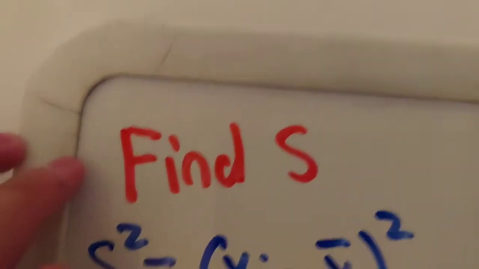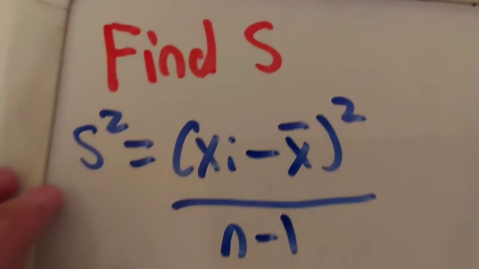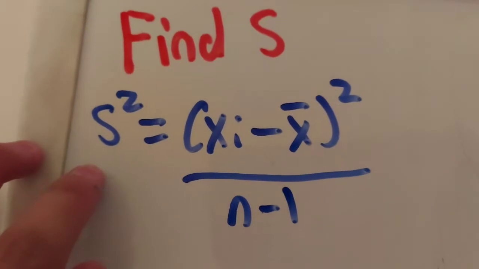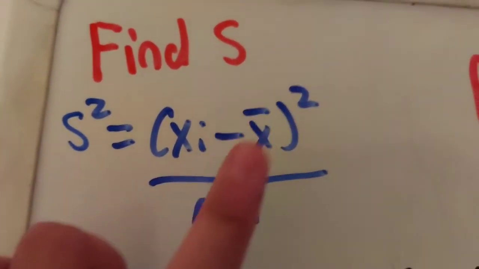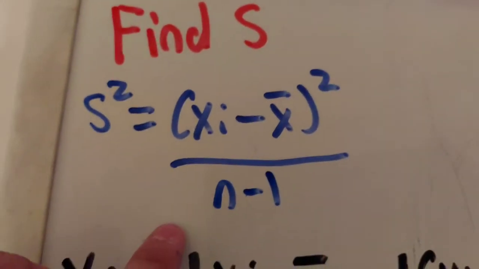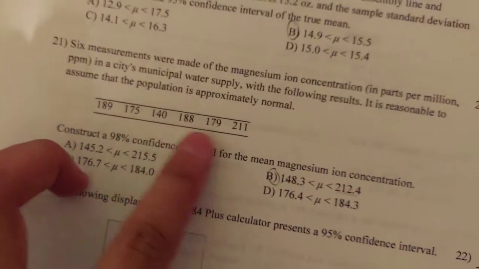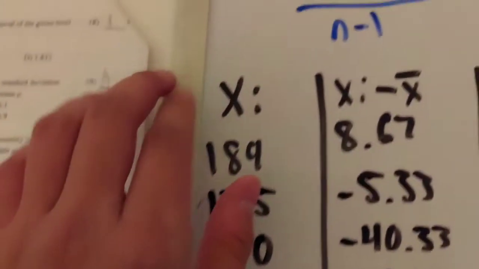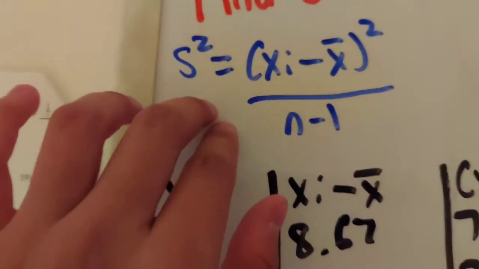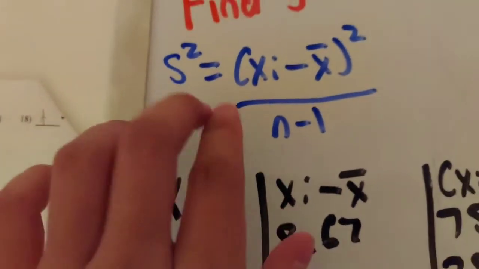Now we're going to find S, or the sample standard deviation. To do so, we're going to be using this formula here. Sample standard deviation squared equals the sum of xi minus sample mean squared, divided by the sample size minus 1. Now what is xi? xi is just the group of numbers that was given to us, as shown here in this little column. To do this correctly, we're going to break this formula into groups.